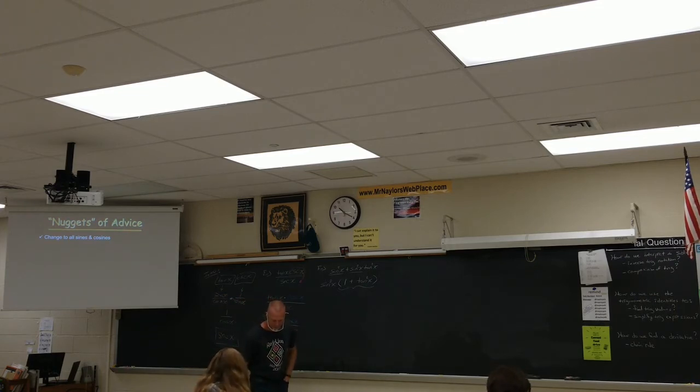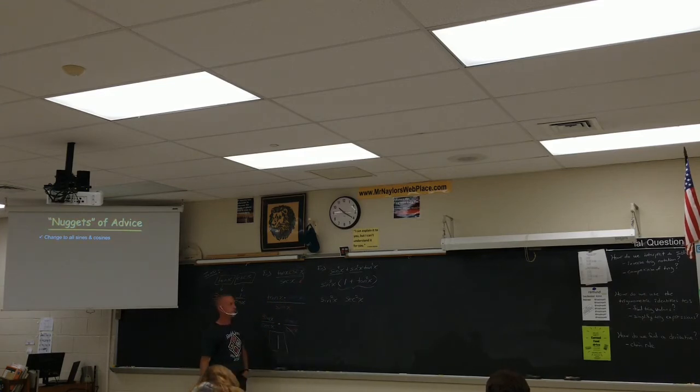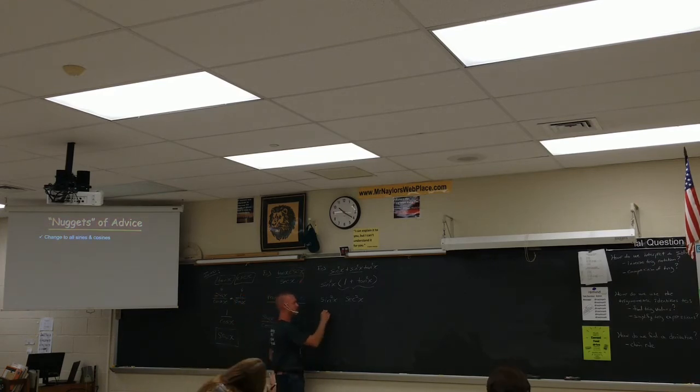I don't expect you to have it memorized, but you should see that 1 plus tangent squared is equal to secant squared. That's a Pythagorean identity. Why would we want to do that? A lot of the reason behind these problems is because of what comes next, because of how you can simplify. So secant squared is the same as 1 over cosine squared.